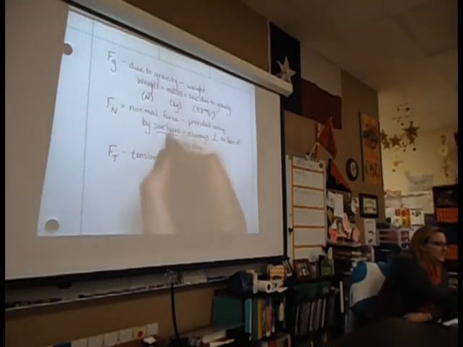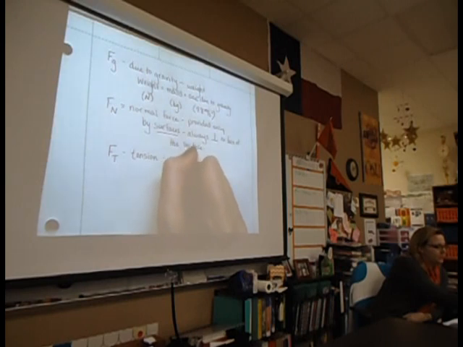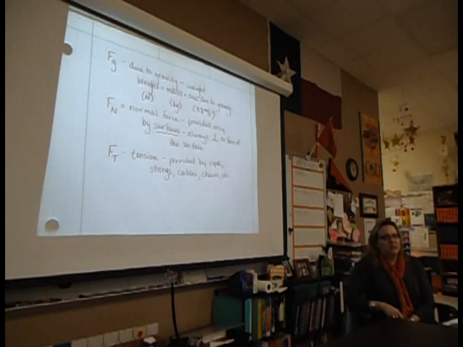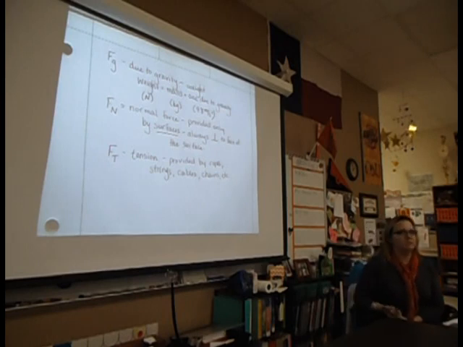It is the force that is provided by ropes, strings, cables, chains, etc. Okay? So if something is attached to a string, a rope, a chain, cables, that is a tension force that's being provided.